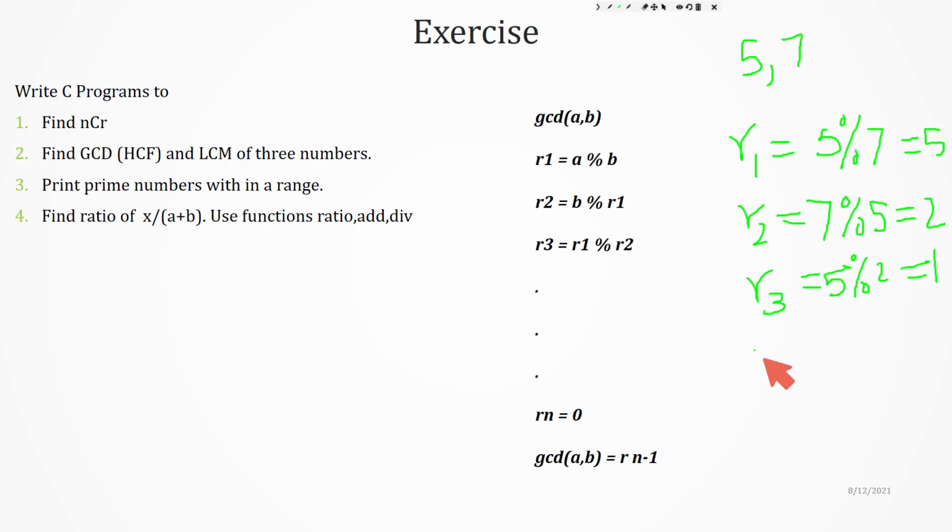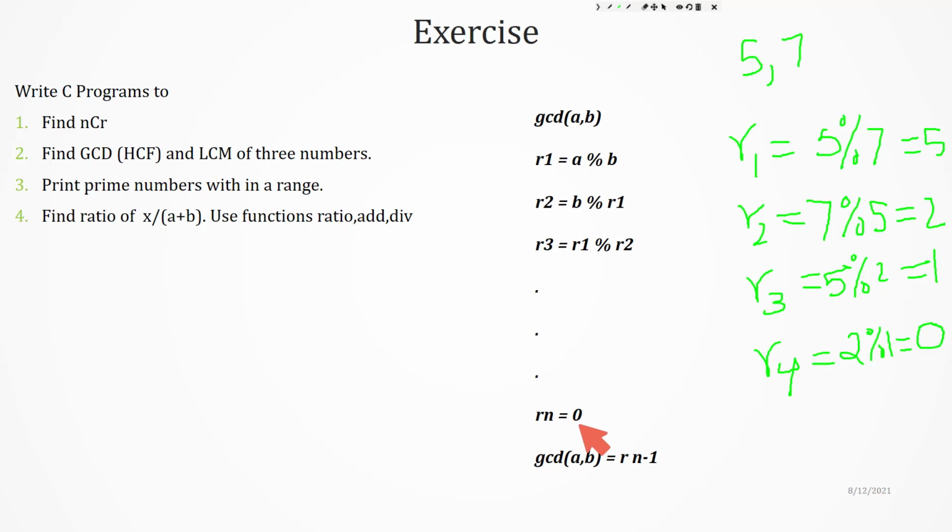So what is R4? 2 mod 1. Okay, what is 2 mod 1? It is 0. 2 mod 1 is 0. Okay. So when we reach 0, we can stop.